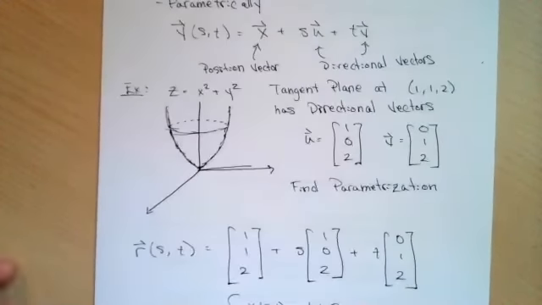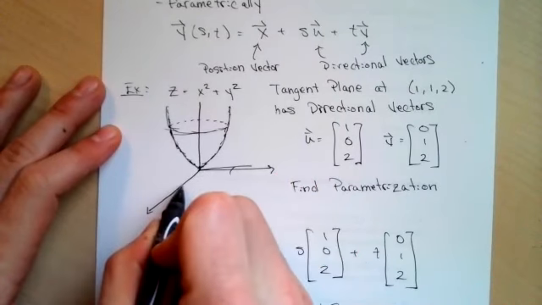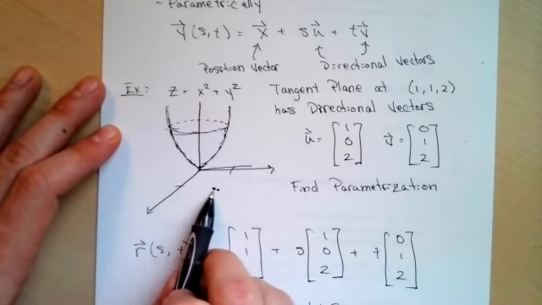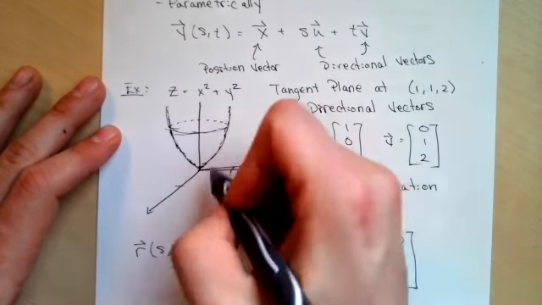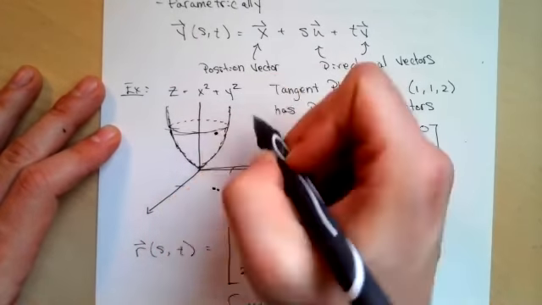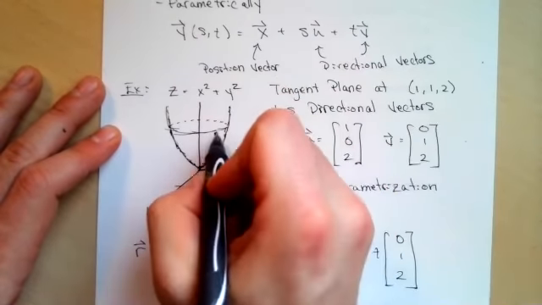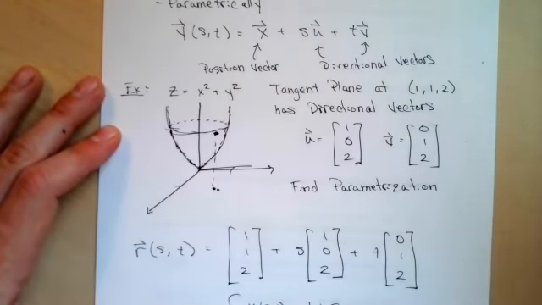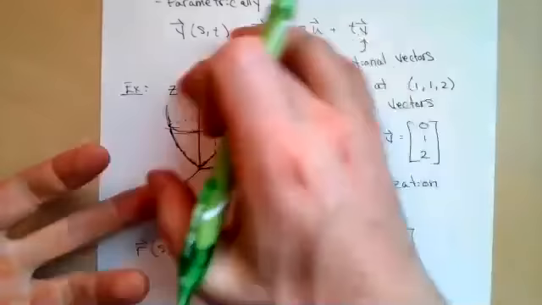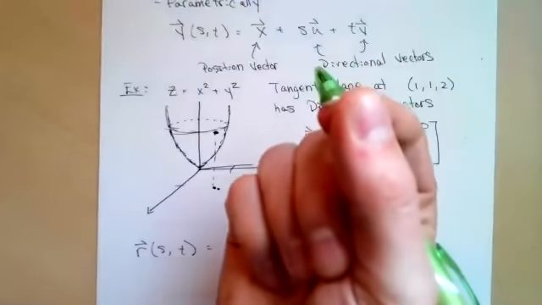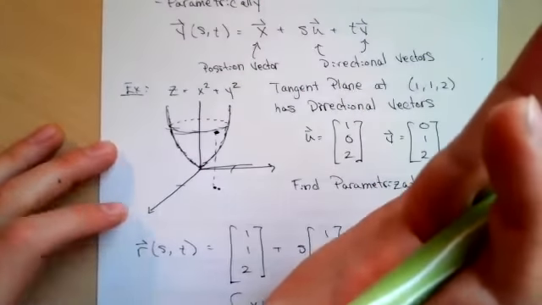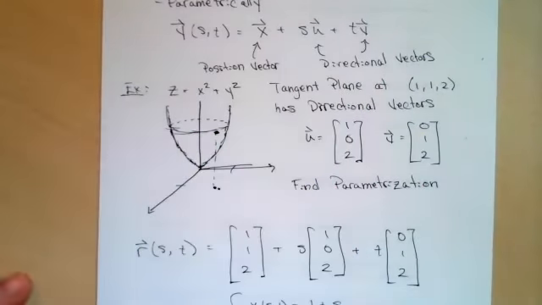So essentially what we're doing, if we were to find the point 1, 1, 2, so here's the point 1, 1, 0, and 1, 1, 2 is going to be up here. If you haven't had Calc 3, this might be a little unfamiliar, but you can imagine that with this bowl, if you pick a point, instead of having tangent lines to that point, you can define a plane that touches this bowl at that one point.